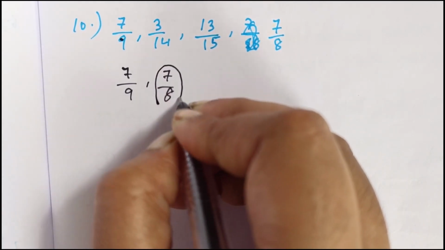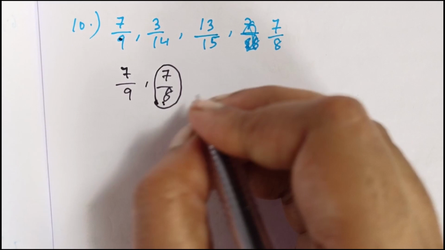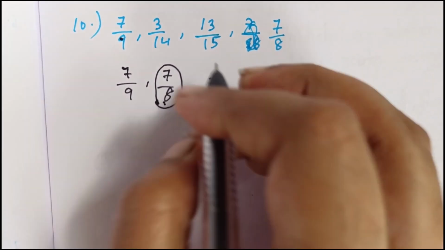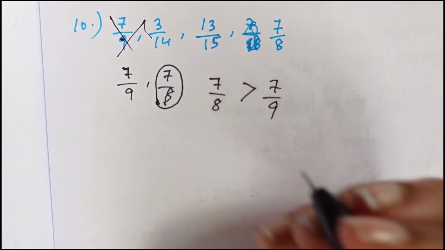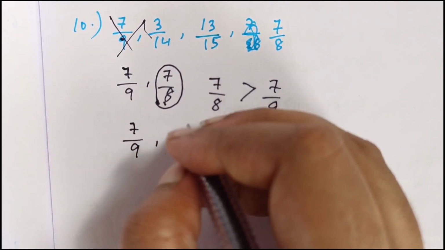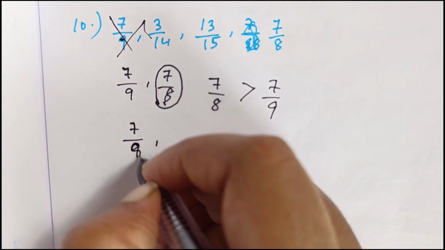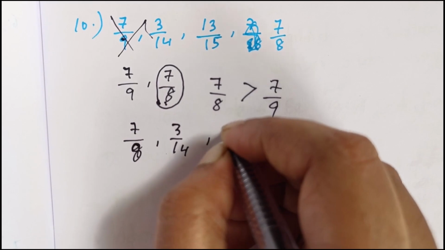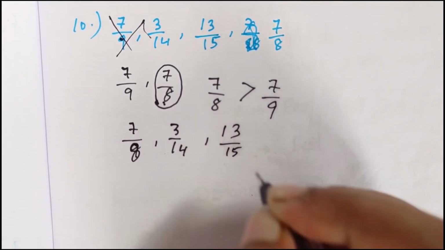So here the lowest value of denominator is 8. So 7 by 8 is greater than 7 by 9. So we can rule out the case of 7 by 9. Next we need to consider only 7 by 8, 3 by 14, 13 by 15.